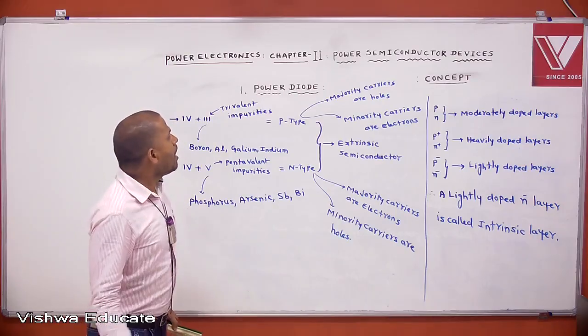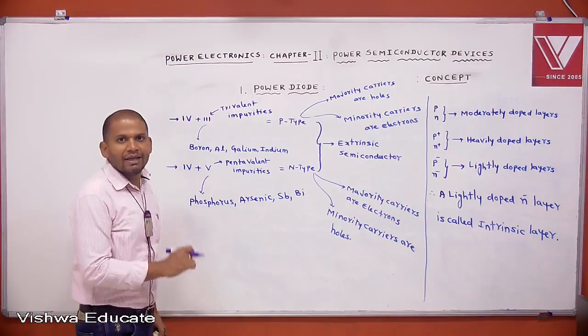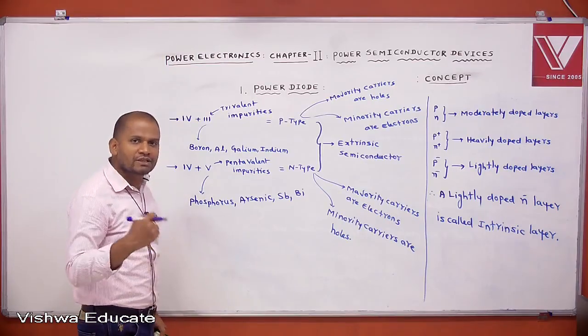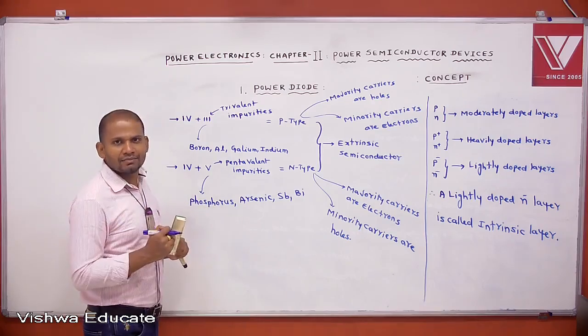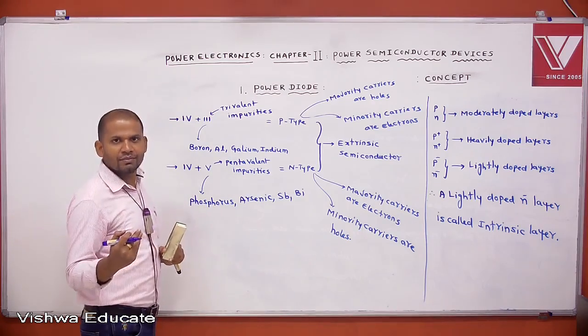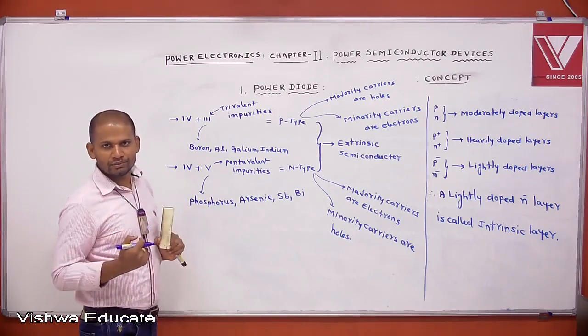Now, after forming the p layers and n layers by using external doping, by joining these p and n layers, we can get one device, that is nothing but a PN diode.